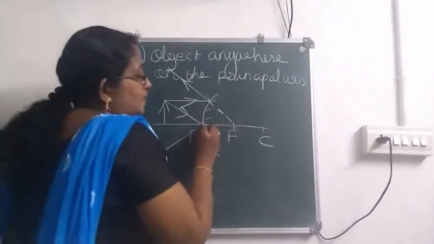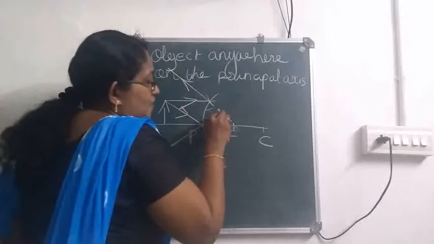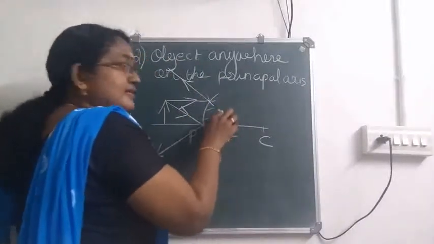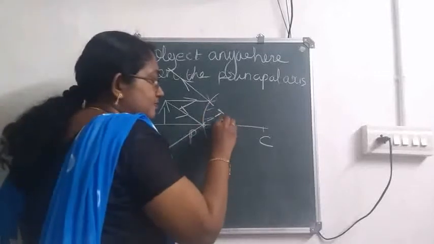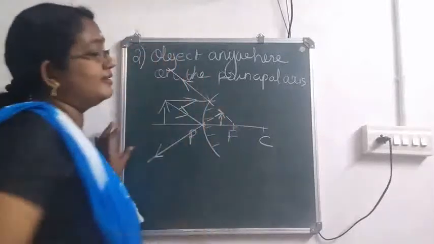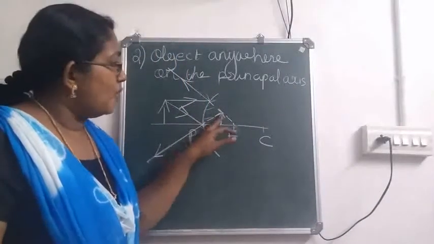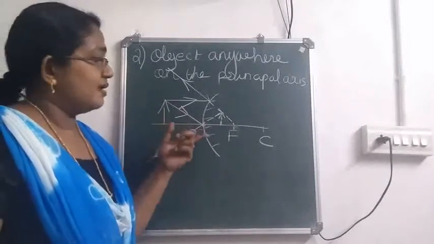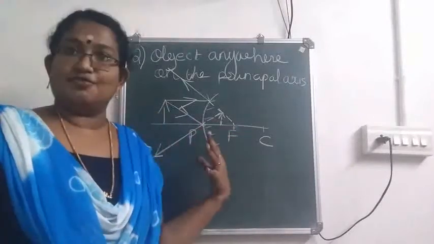Now, I am going to extend this one also. So, it meets at this point. And here is where we get the image, the point where the two rays meet. Here, not the reflected rays; the rays after reflection move in different directions.